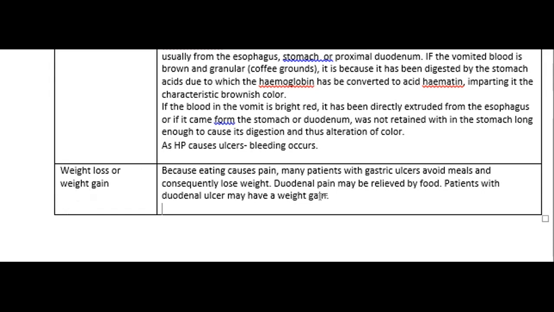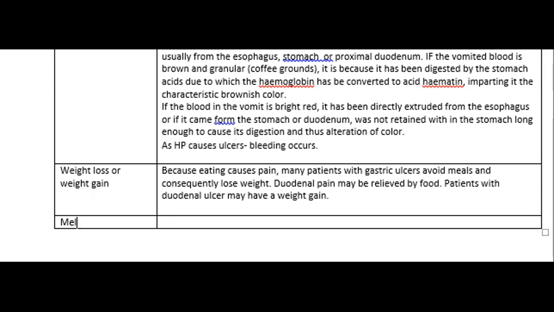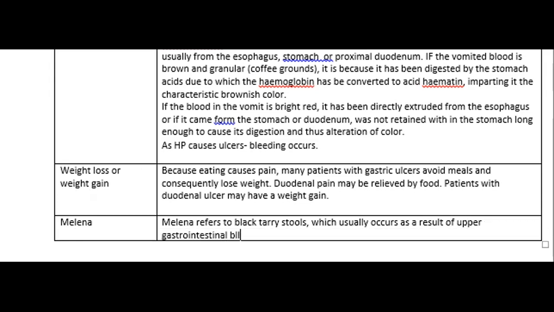And as we already know, what is the duodenum? The duodenum is the first part of the small intestine, the part of the digestive system that travels straight after it leaves the stomach. Okay, and what is melena? The next one is melena. Melena refers to black tarry stools, which usually occur as a result of upper gastrointestinal bleeding.